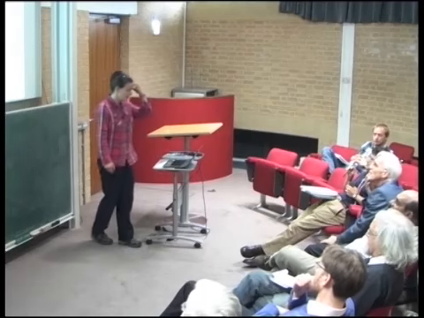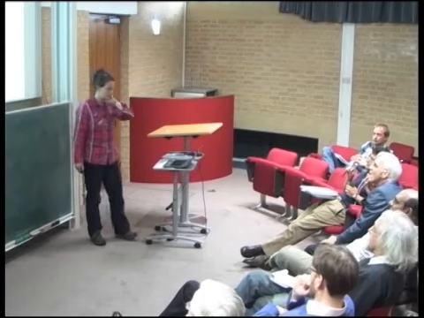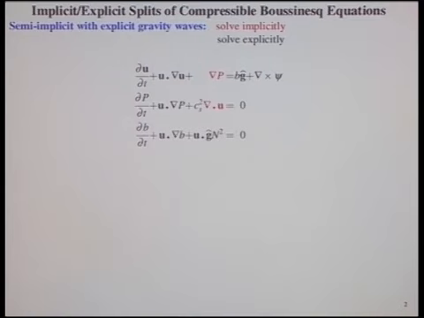So I'm going to look more at the way in which the compressible Boussinesq equations can be split between the terms, implicit and explicit. We've got in advective form the momentum equation, a continuity equation in advective form, and a buoyancy equation.